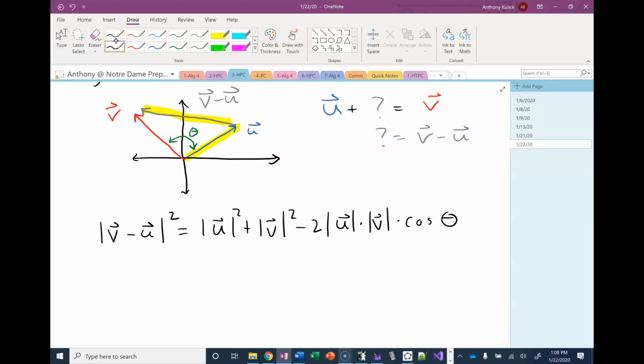All right. Next up, I'm going to use the magnitude property of dot products. What that says is the magnitude squared is the same as the dot product of the vector with itself.